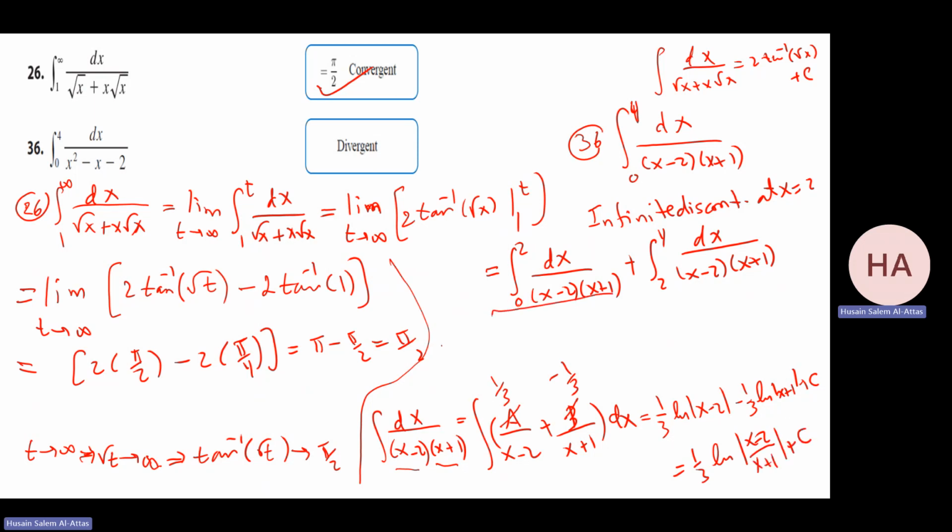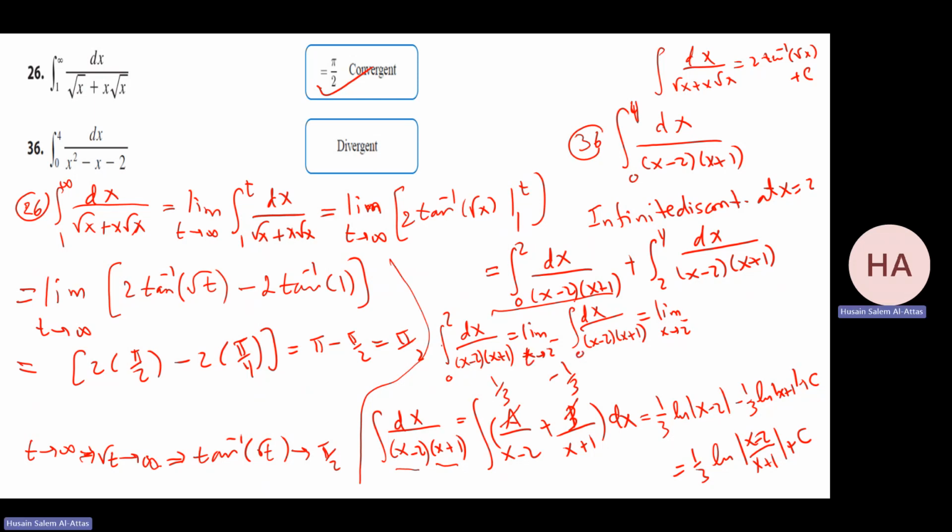Okay, so let me do this one now, integral from 0 to 2. I'll try to squeeze it here. That will be the limit as x goes to 2 from the left, dx over this.